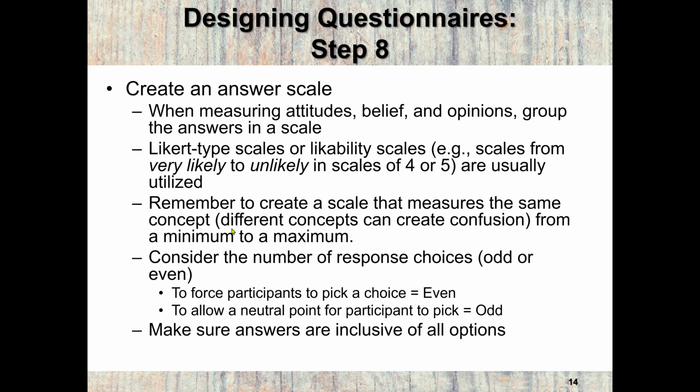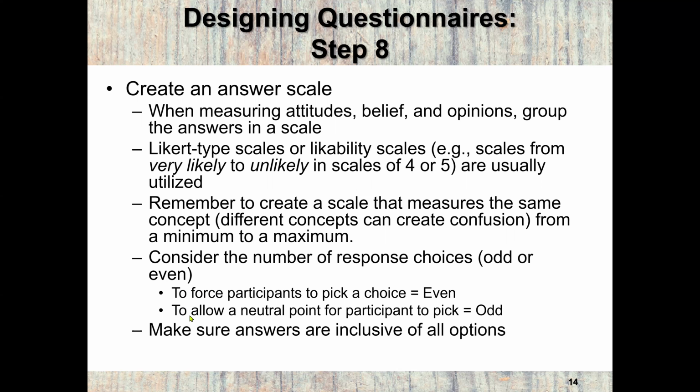So if we are using a Likert type scale, we just use that throughout, or likability scales, that's fine. Also, we have to consider the number of response choices, odd or even. Even forces participants to pick a choice, while odd allows a neutral point for participants to pick.